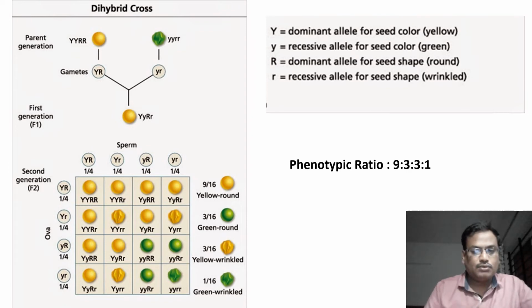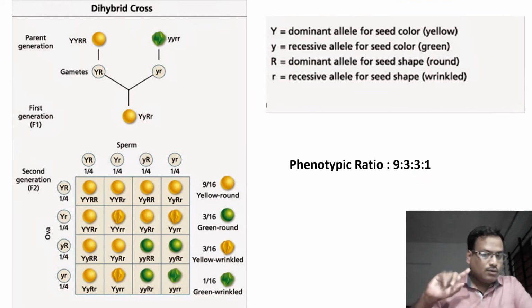So if you understood this and if you count the numbers, we have 9 yellow round plants out of 16. I am telling 3 green round, 3 yellow wrinkled and only 1 green wrinkled. So we have the plants in 4 different phenotypes in 9:3:3:1 ratio.